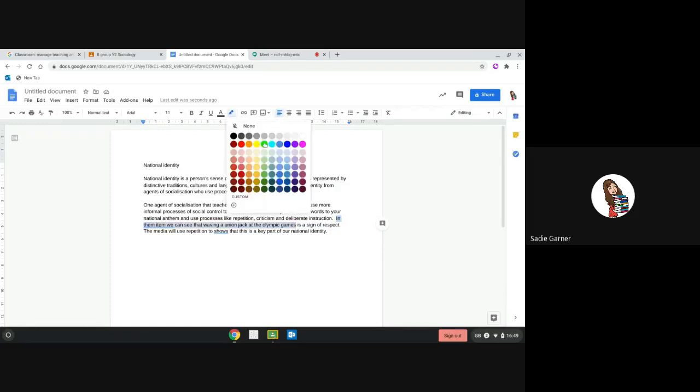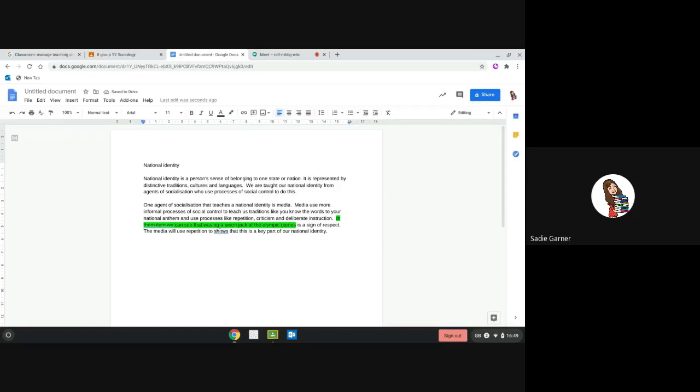That's all they give us to help us. But I've noted that media will often use repetition of this image, which shows that that's a key part of our national identity, to teach us that waving our national flag is a key sign of respect and part of our national sense of who we are.